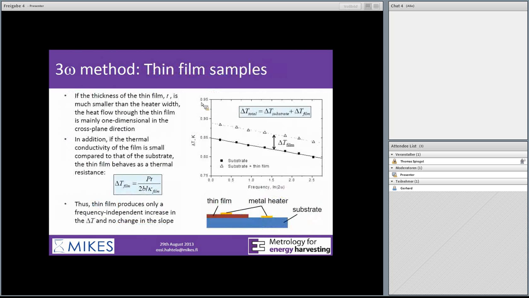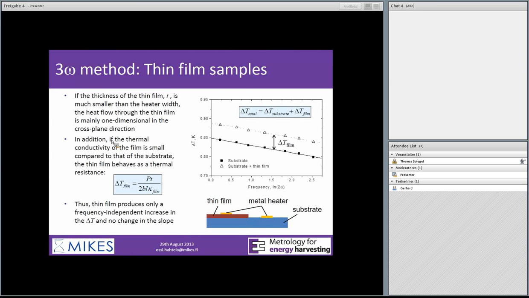The three omega method can also be used for thin film samples. By thin film samples, I mean films with a thickness of 1 micrometer and below, because there's a restriction that the thickness of the thin film should be much smaller than the width of the heater line, so that heat flow through the thin film is mainly one-dimensional in the cross-plane direction.